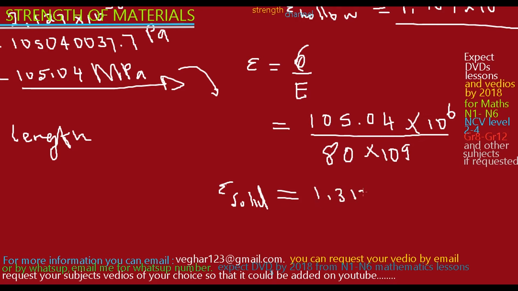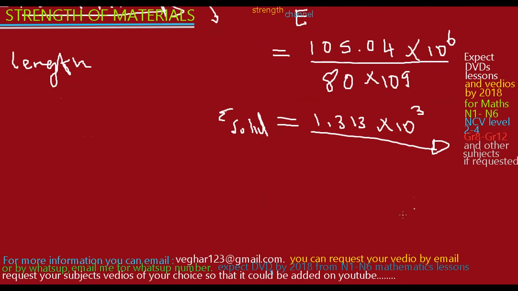It's 1.313 times 10 to the negative 3. So this is how you find the solid and the hollow one.